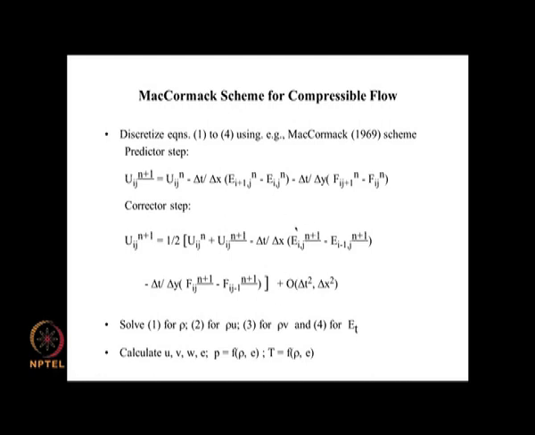Again ei minus 1 j n plus 1 is known, so again this is explicit. So this is an explicit predictor corrector type of approach for the solution of the coupled equations, and this is the McCormack scheme, which has been used for compressible flow calculations. It was proposed in 1969, and it was a successful method.